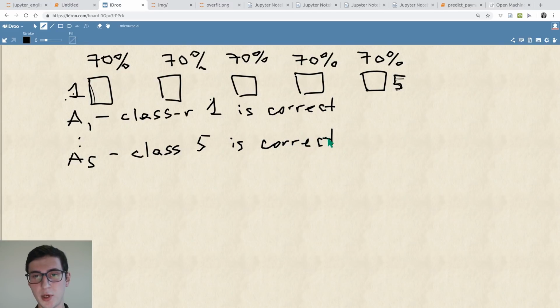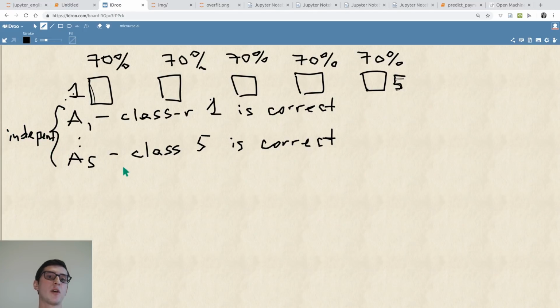Let's just think about the majority vote in case these events are independent. This actually doesn't hold, but let's just figure out what happens if we assume they are. So these 5 classifiers will form some majority vote. And let's think about the cases when the majority vote is correct.